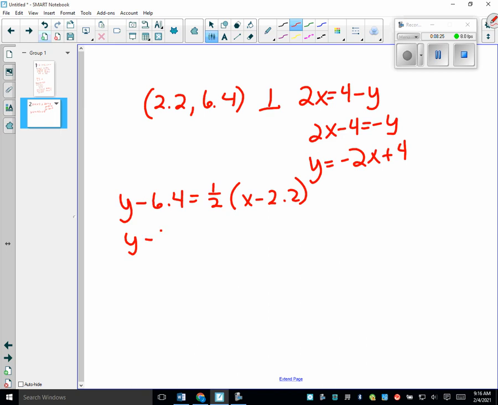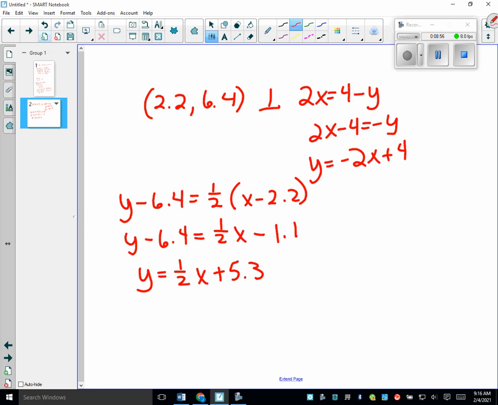Okay. So y minus 6.4 equals 1/2 times x minus 2.2. Y minus 6.4 equals 1/2 x minus 1.1. Right? No, we're still right. I don't want to go too fast. So y equals 1/2 x plus 5.3.